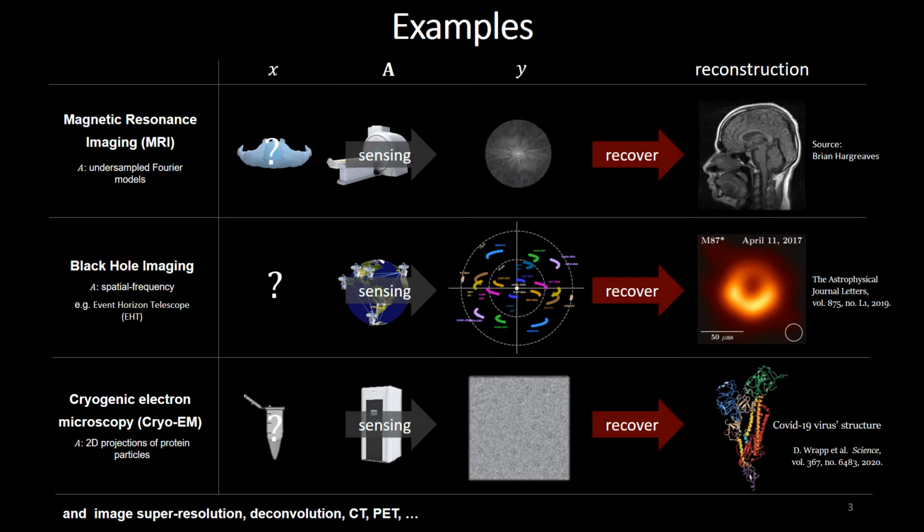What we care about is recovering X from Y. For example, we want to recover brain images from the k-space measurements generated by an MR scanner. We want to recover the black hole image from its spatial frequency data collected by telescopes. We also want to recover the structure of coronaviruses from its 2D projections generated by cryo-EM.